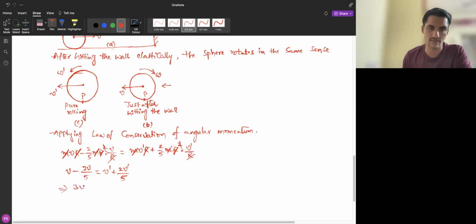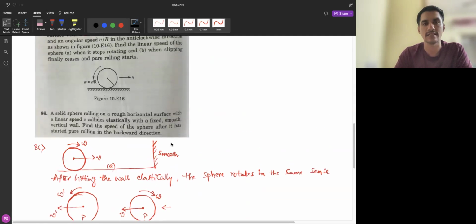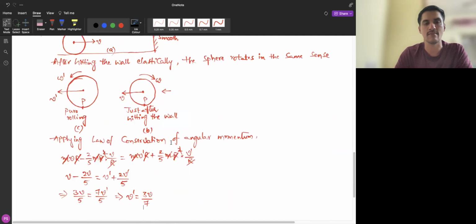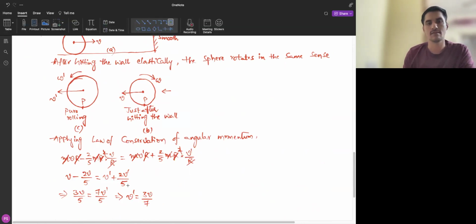Actually, 3V by 5 is equal to 7V dash by 5. Therefore, V dash is equal to 3V by 7. Same as before. Yes or no? This is the answer.